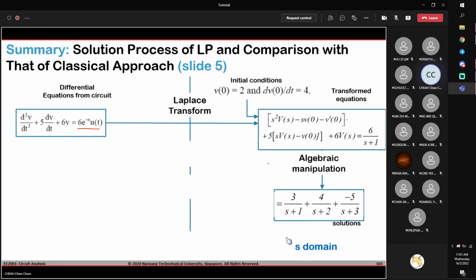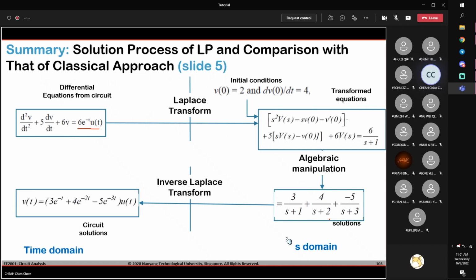We can do algebraic manipulations to find the solution in Laplace domain, and we expand it out by partial fractions into 3 first-order fractions so that we can take the inverse Laplace transformation by using the table. Because this is a linear combination of 3 first-order fractions, by using the linearity property, we can find the solution in time domain.